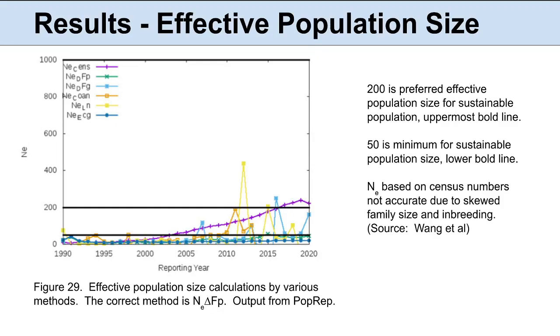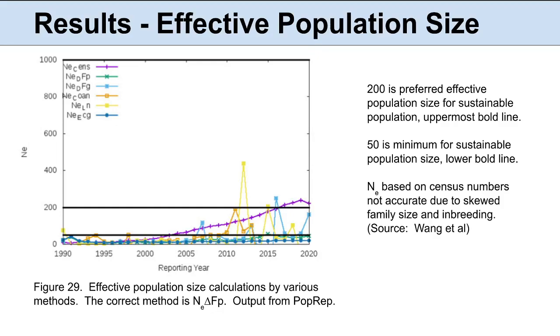Unfortunately, our method that determines our effective population size only breaches the 50 minimum line once in 2015, and the rest of the time it's well below that line. There are other methods that do indeed go higher than 50 and higher than 200, but in the previous slides I outlined why those numbers do not reflect accurately our population.